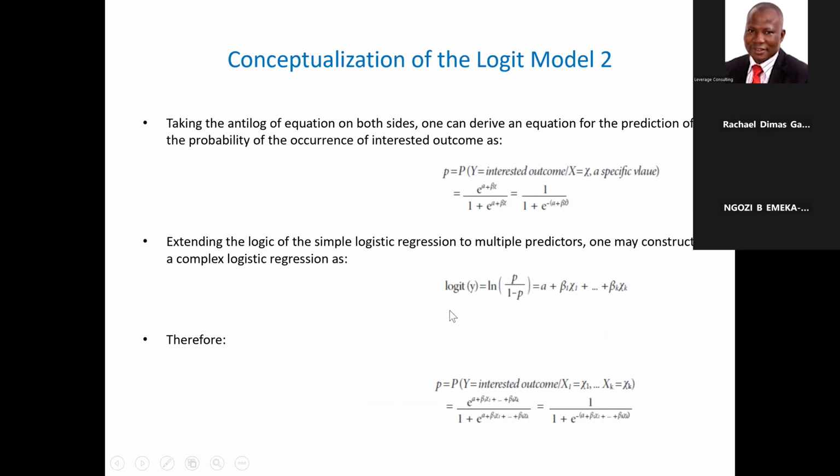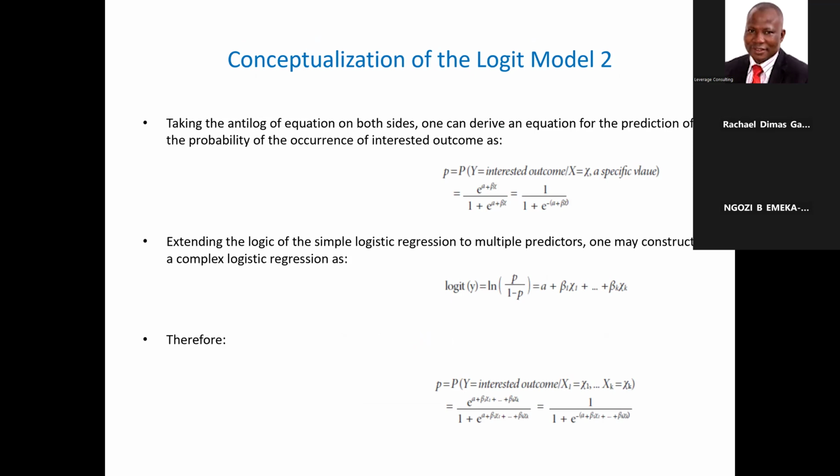Taking the anti-logarithm of the equation on both sides, one can derive an equation for the prediction of the probability of occurrence of the outcome of interest. Look at it. We do the anti-logarithm, and it gives you this.